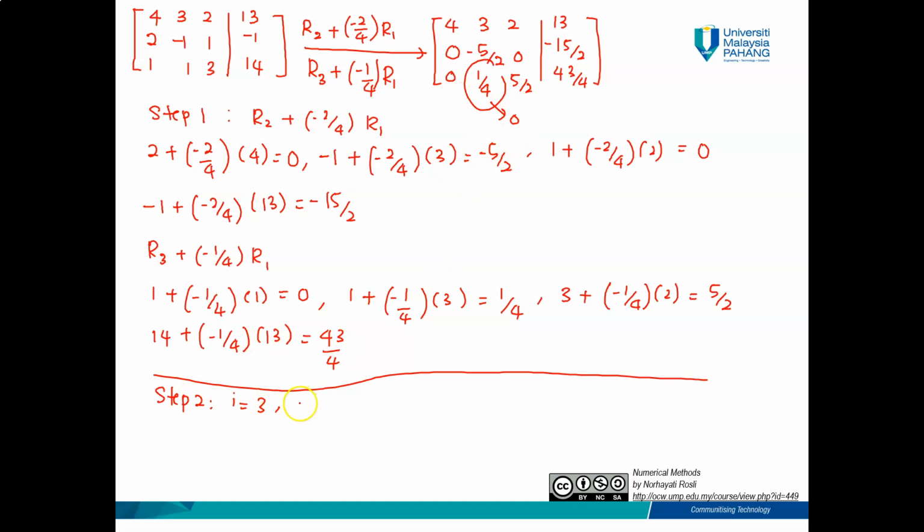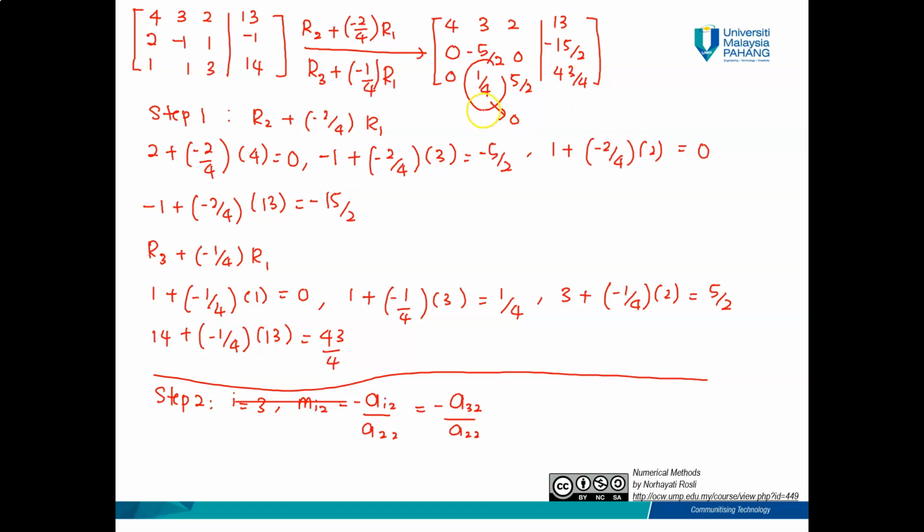If you refer back to the table, it is Mi2 equal to negative Ai2 divided by A22. So in this case, we have negative A32 divided by A22. But A22 here, remember, class, is our new value. This one. You cannot refer back to your original matrix.